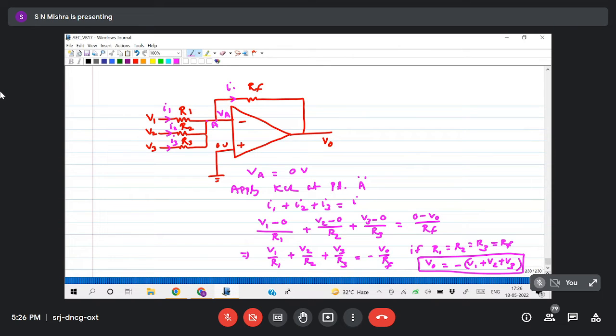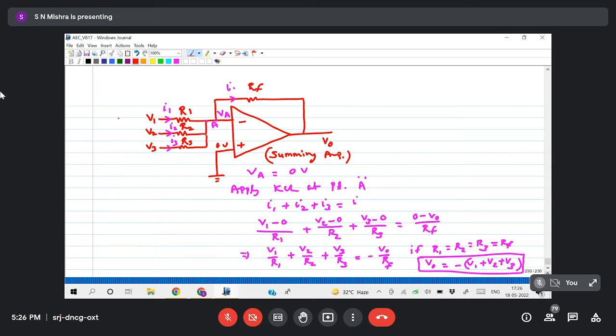So what is happening here? The input voltages are added and inverted. So these are called summing circuits, or summing amplifier.